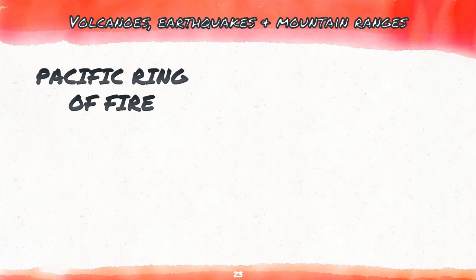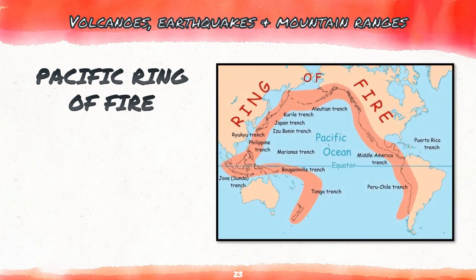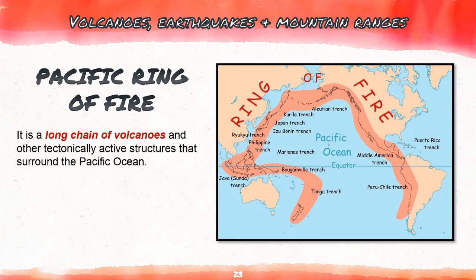Now, what is the reason why the Philippines is usually visited by earthquakes? It is because we are located in the Pacific Ring of Fire. So here is the illustration of the Pacific Ring of Fire. It is a long chain of volcanoes and other tectonically active structures that surround the Pacific Ocean.